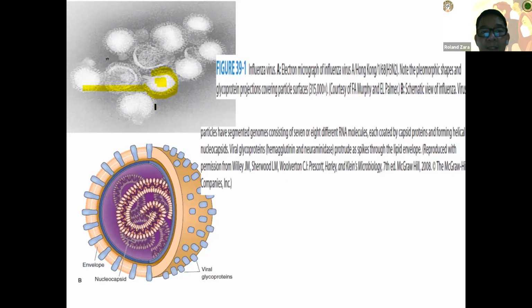So again, this is the cross-section of the influenza virus. Okay, so this is the envelope. Within the envelope, there are your glycoproteins known as your hemagglutinin and your neuraminidase. And this is the nucleocapsid. And inside the nucleocapsid are the structural proteins, the RNA as well.